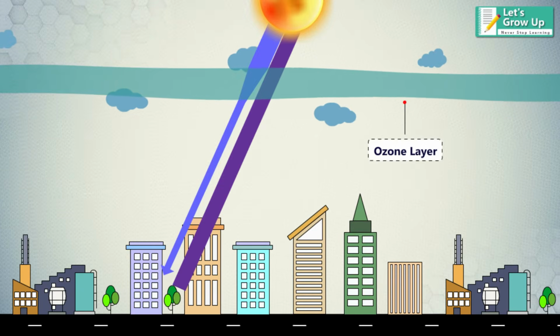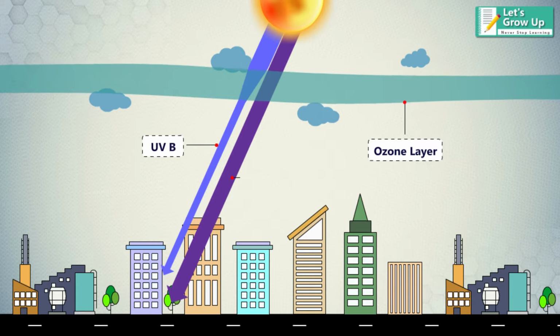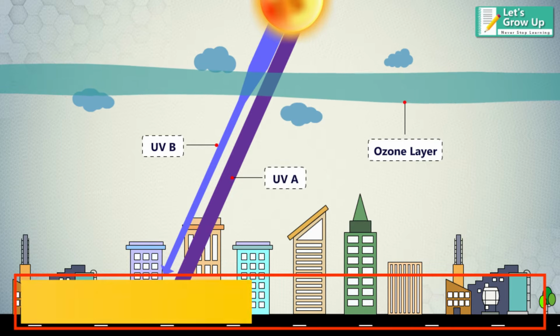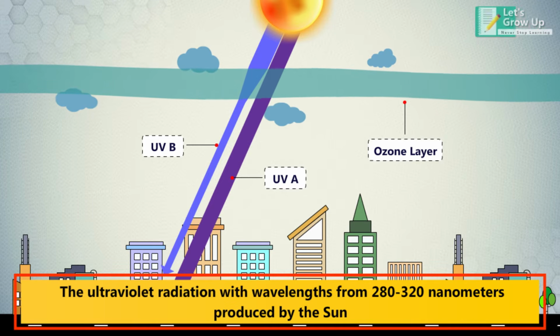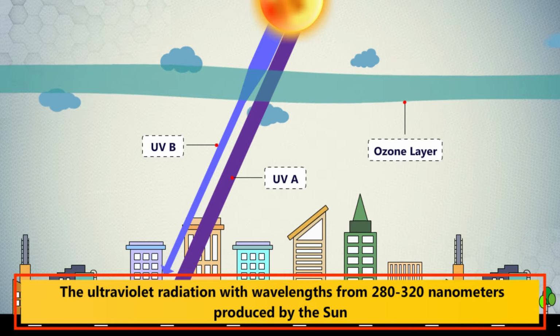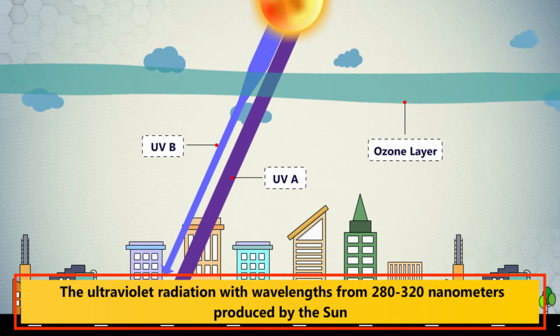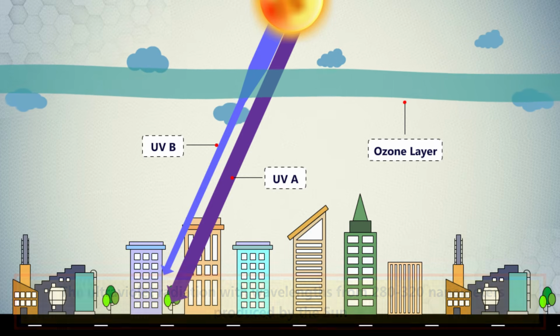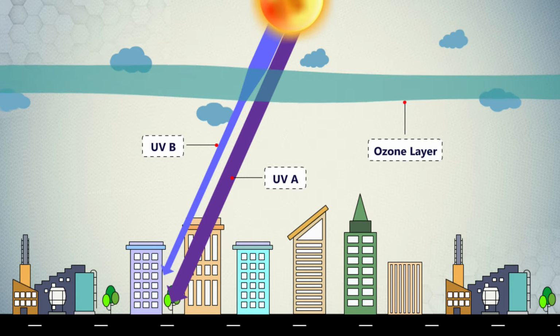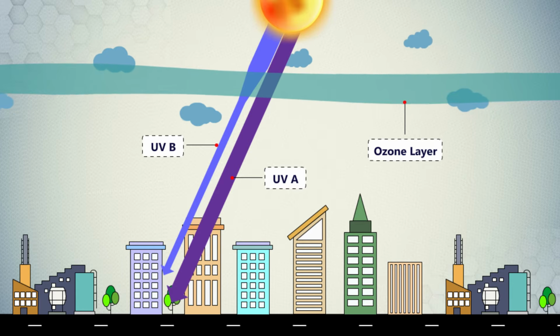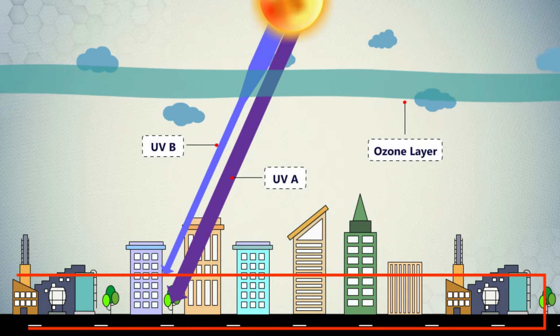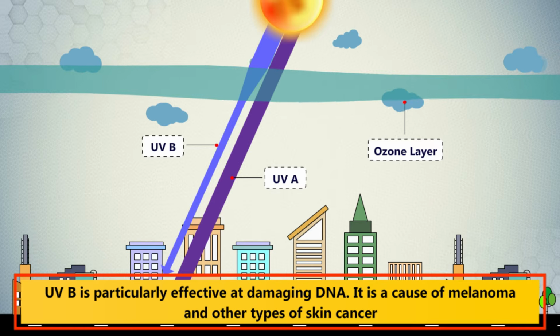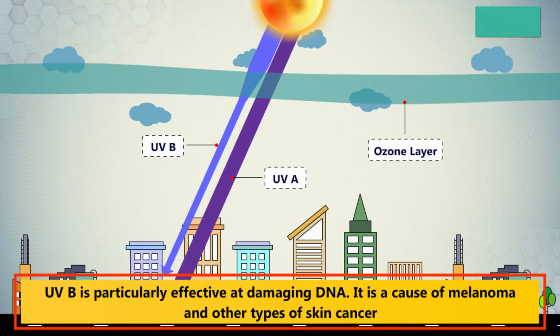Ozone absorbs the portion of UV light called the UVB and UVA band of ultraviolet radiation, with wavelengths from 280 to 320 nanometers, produced by the sun. UVB is a kind of ultraviolet light from the sun and sun lamps that has several harmful effects. UVB is particularly effective at damaging DNA.